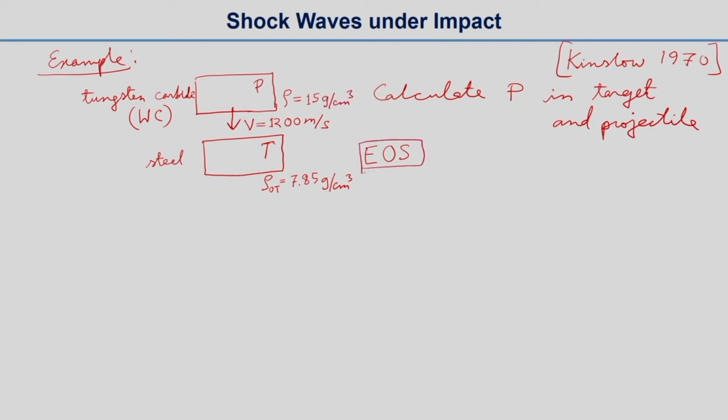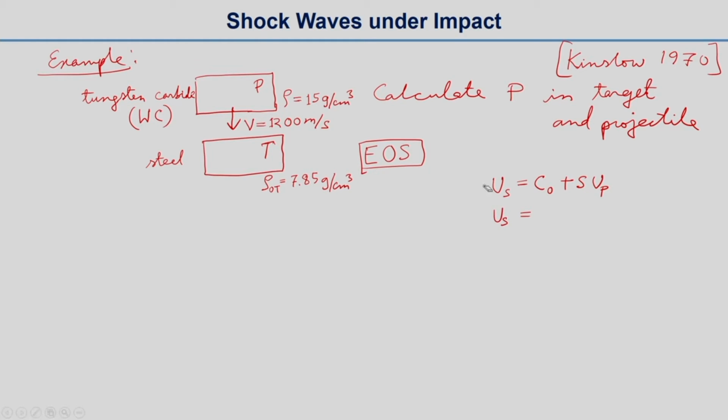Now, for the equation of state for these two materials, let us say for tungsten carbide, the equation of state is US, the velocity of the shock wave, is equal to C naught plus S1 UP.